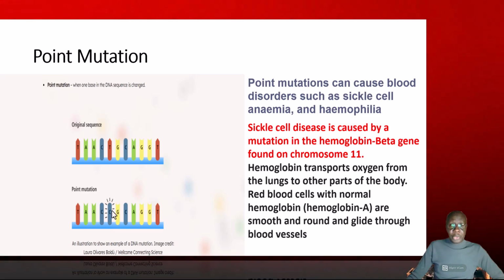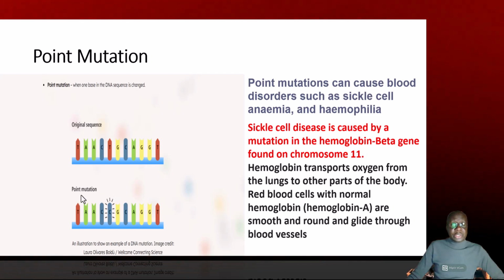At one point, there is a change. Here you can see the original sequence is TAAC, TGC, AGGT. But here you have TAA, which is all correct, C, which is all correct, but where the T is, there is a mutation, because instead of having a T, it has a C. So this is a point mutation.